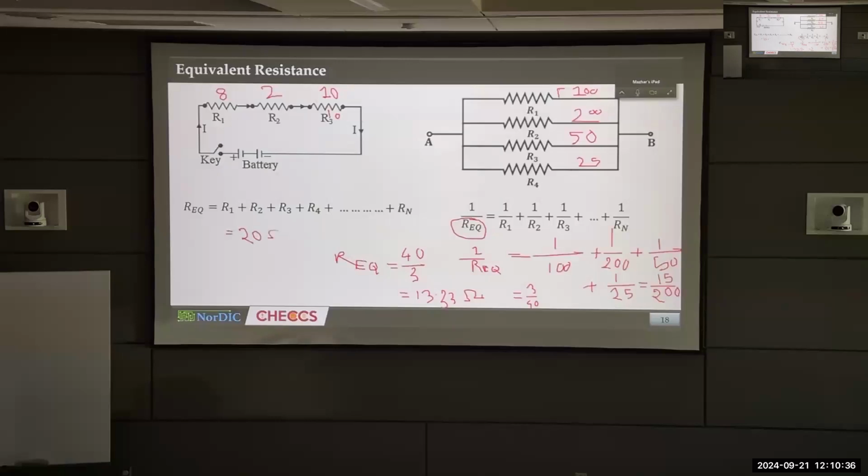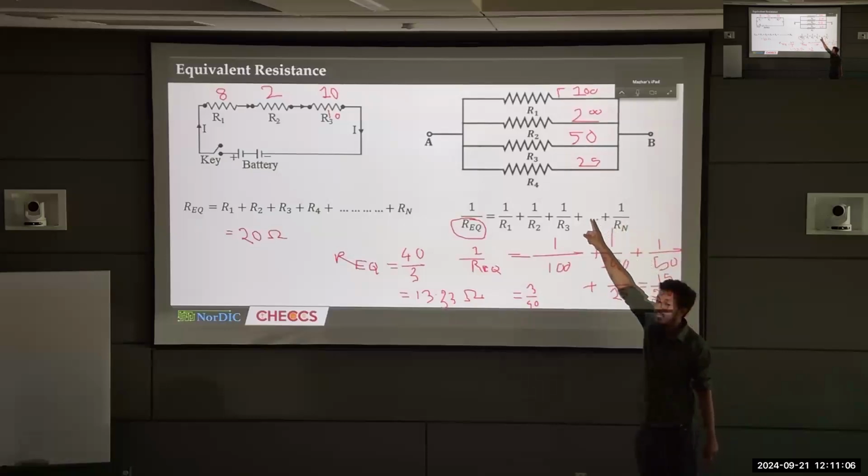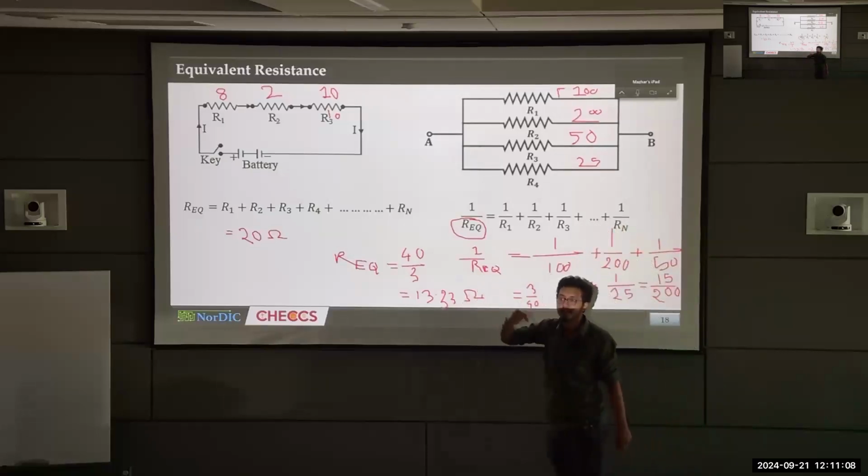Now, let me give you a very brief intuition here. Look at the values of the resistances in the right circuit: 100, 200, 50, 25. Now see the result. What is the equivalent resistance? 13 point something. You can see that the equivalent resistance is lower even than the lowest of them. If I ask what the lowest resistance among these is, it is 25, and the result is even lower than that.